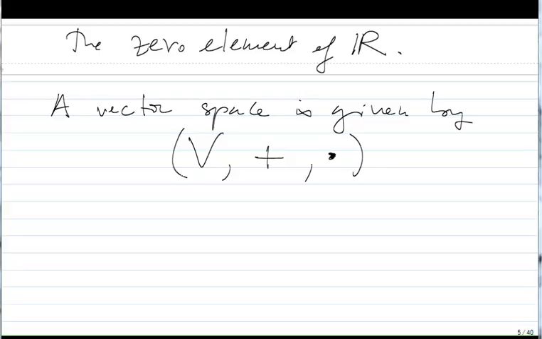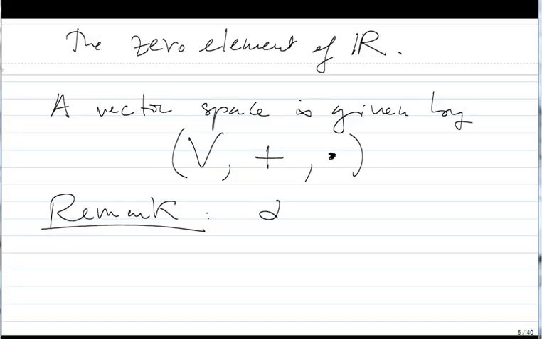V is the set of vectors, the plus is the addition, and the dot is the multiplication by numbers. Here is a remark that people respect and follow.